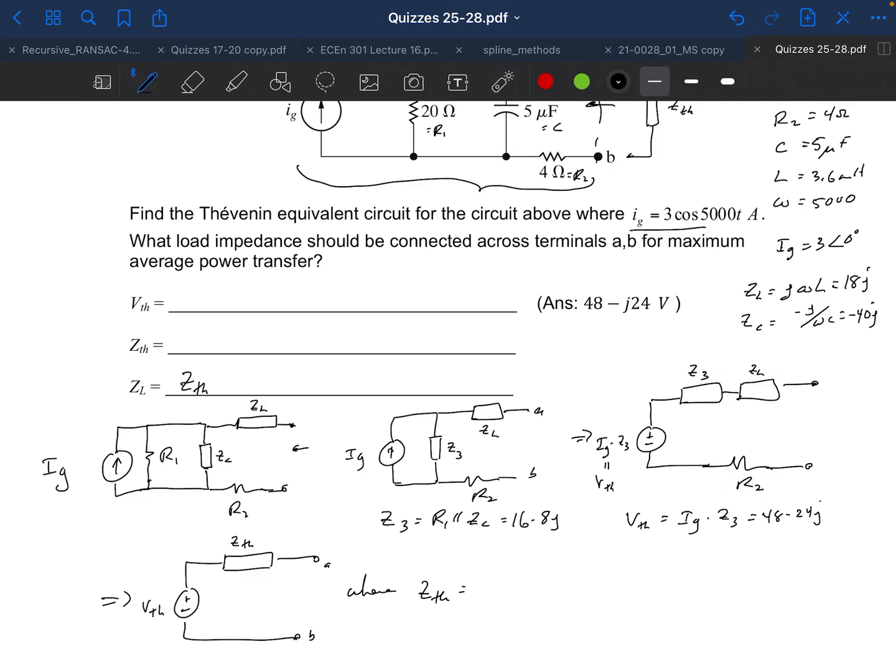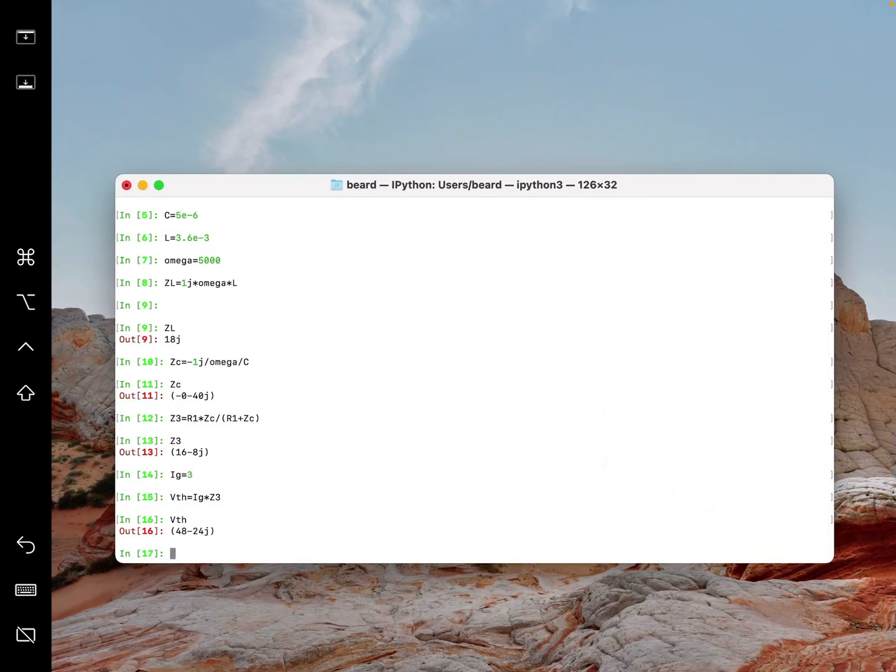So ZTH is going to be equal to R2 plus Z3 plus ZL. So we can write that out. R2, Z3, ZL.